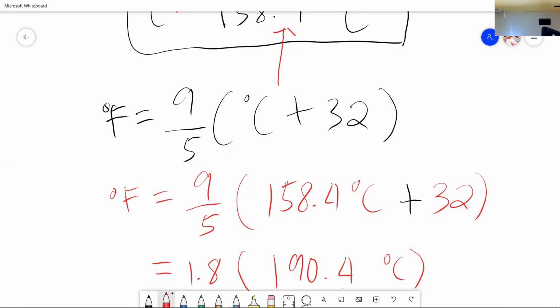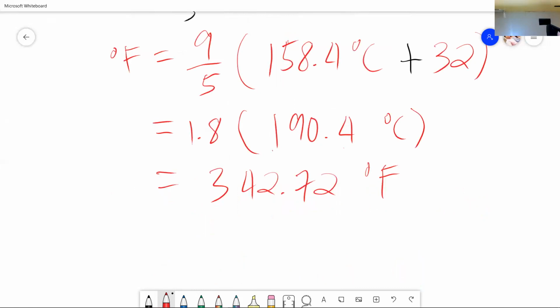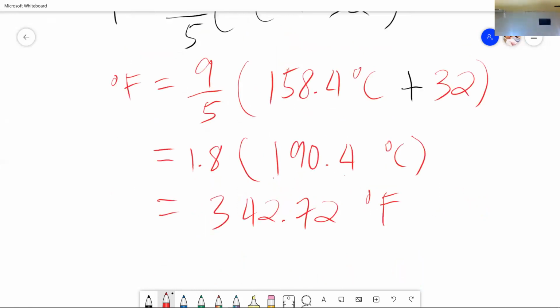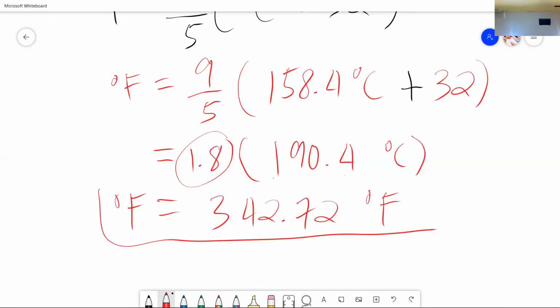That gives 345. Okay, so in the conversion, we increased a little bit, 0.20. So at least we're almost the same. Okay, so that is the conversion.